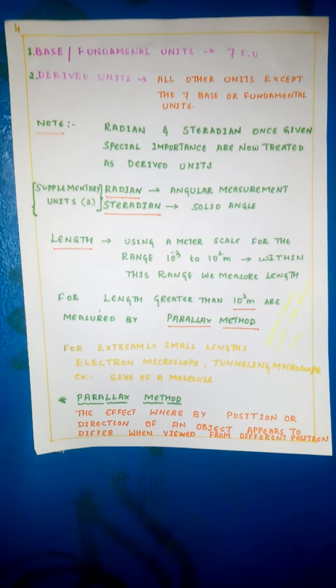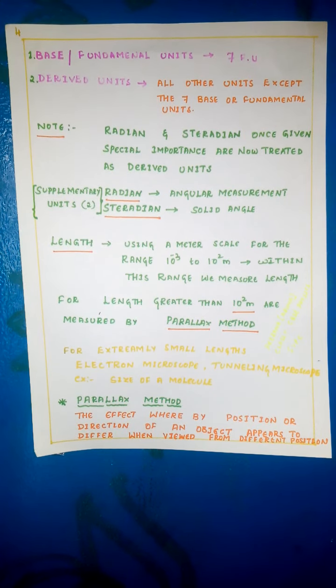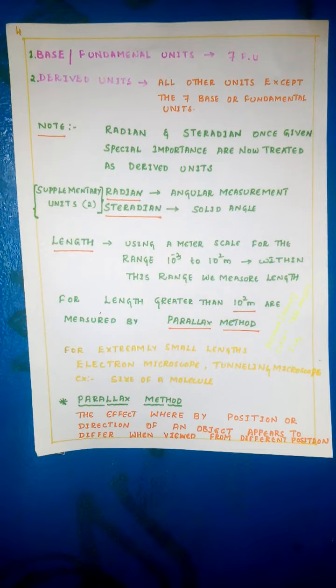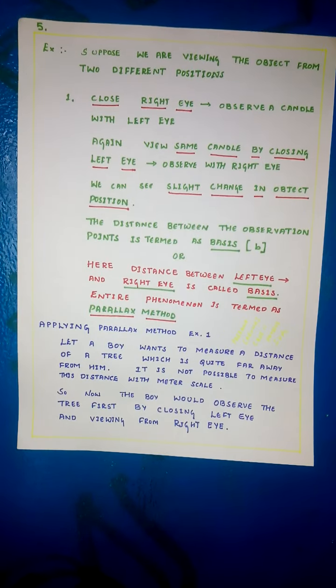The effect whereby the position or direction of an object appears to differ when viewed from different positions, that is the parallax method. For example, suppose we are viewing the object from 2 different positions.